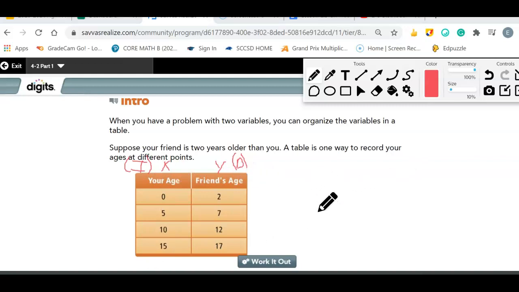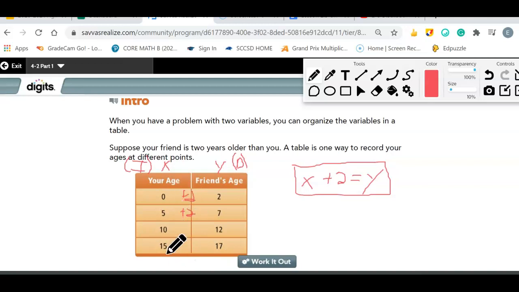If you came up with the equation X, or your age, plus 2 equals Y, then you are correct. The reason why we would write this equation is, what if your friend is 72 years old?